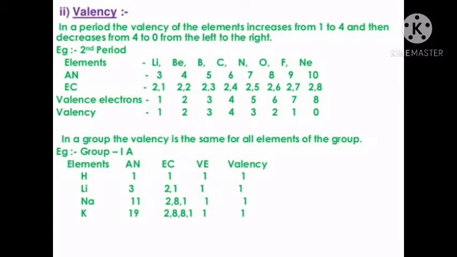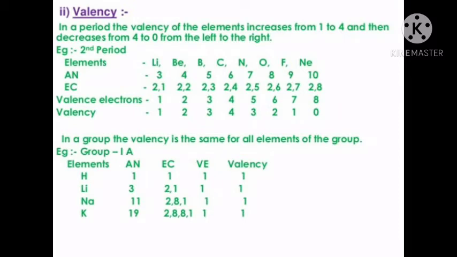For example, group 1A. Elements are hydrogen, lithium, sodium, potassium. Atomic number of hydrogen 1, so electronic configuration 1, valence electrons 1, valency 1. Lithium atomic number 3, electronic configuration 2, 1, valence electron 1, so valency 1.